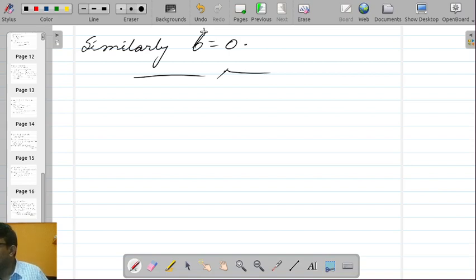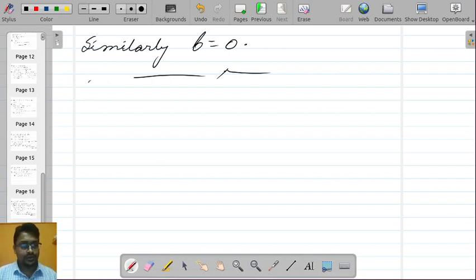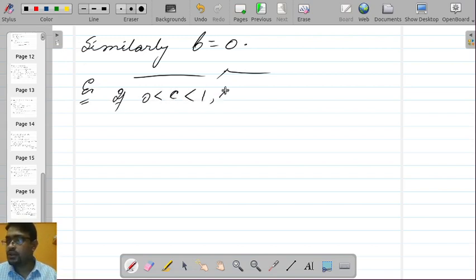I'll give you some exercises which you may try. Please try this exercise: if 0 less than c less than 1, show that 0 is less than c square less than c less than 1.